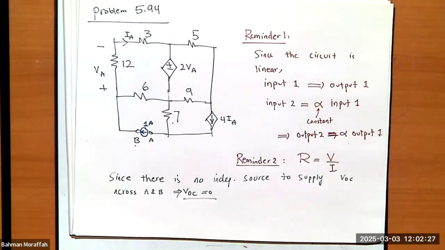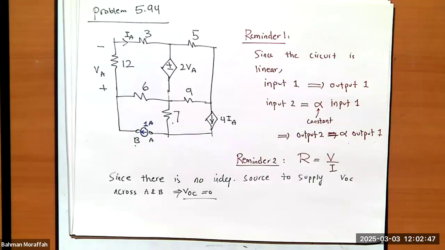And due to the linearity, if I change this value to, for example, 4, 5, 10, the output, which is voltage, is still going to be multiplied by 4, 5, and 10. So it doesn't matter. I can just stick a 1 there because it makes my life much, much easier. Why?